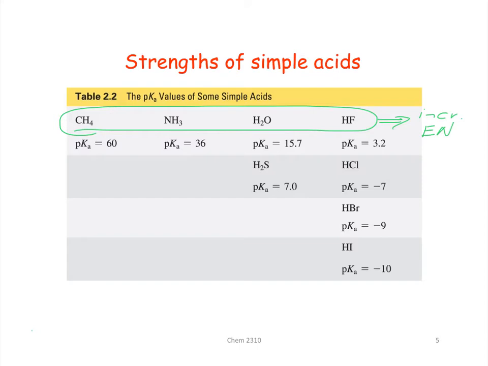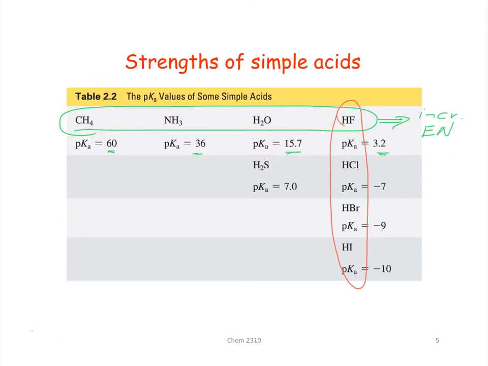Look at our pKa's: 60, going to 36, 15.7, down to 3.2. That's going to be the trend whenever we're going across a row in the periodic table. Now the other trend that we looked at was going up and down the periodic table.